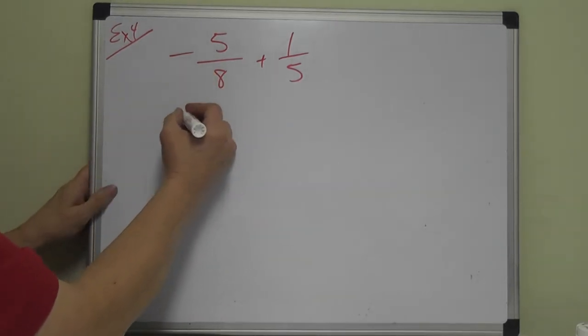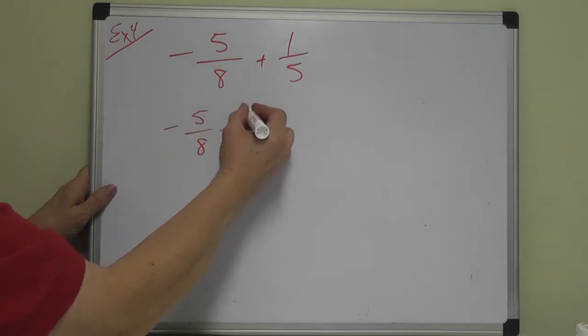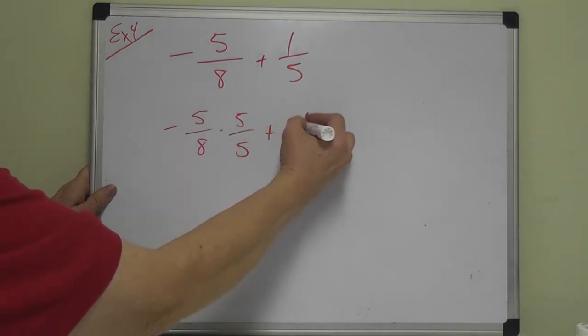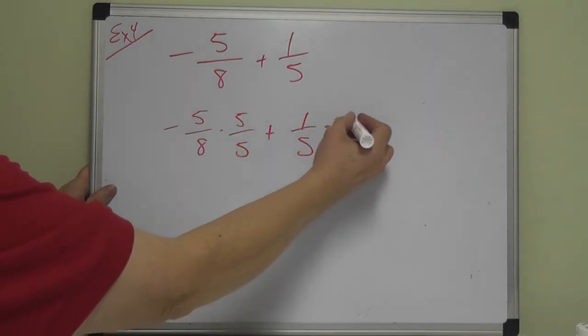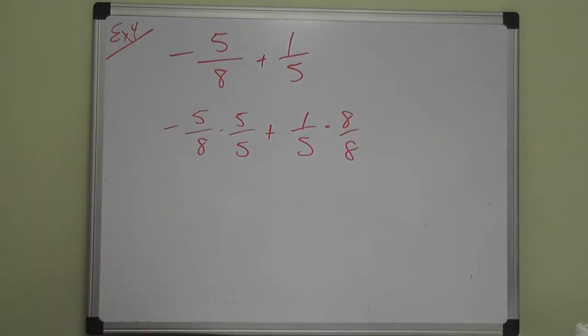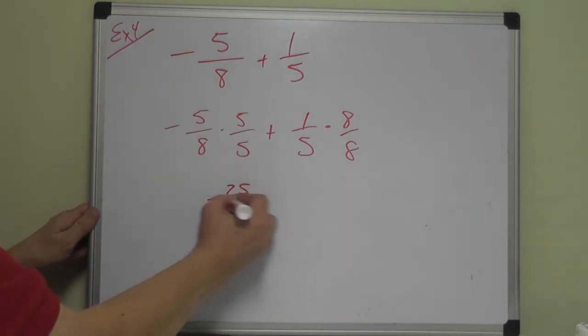We have negative 5/8, and we're going to multiply by 5/5. We have 1/5, and we're going to multiply by 8/8 so that we are able to come up with a common denominator of 40.